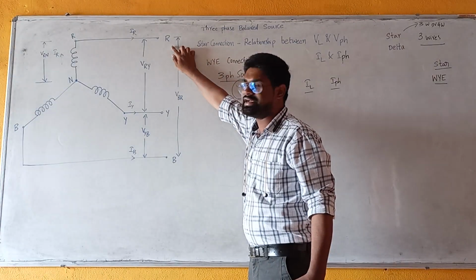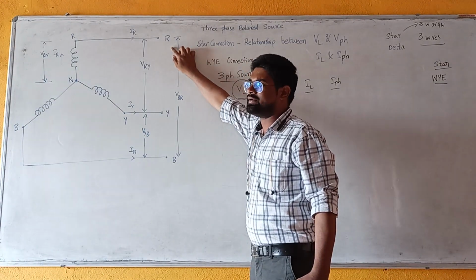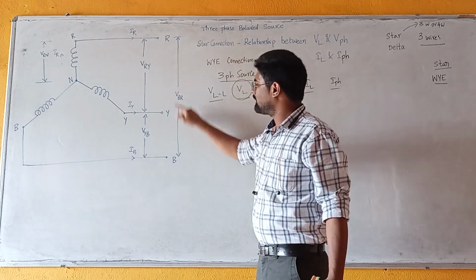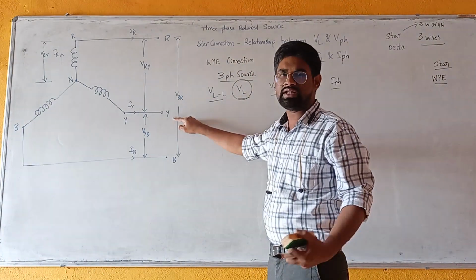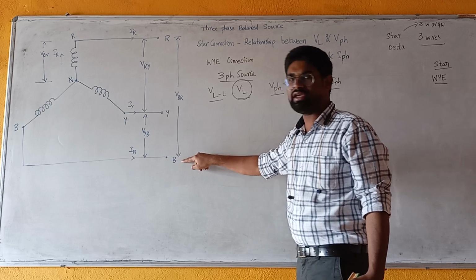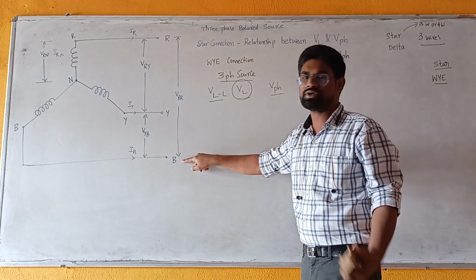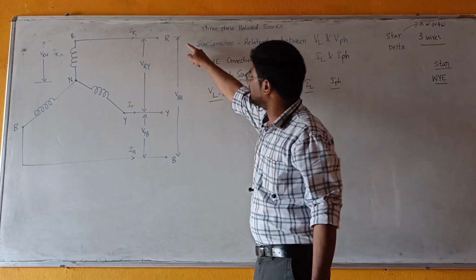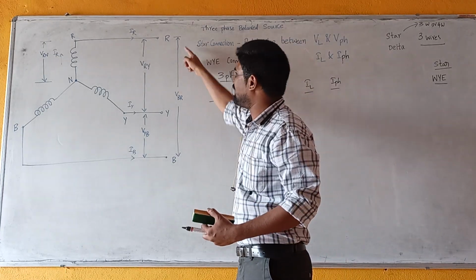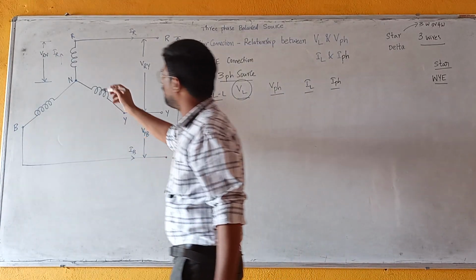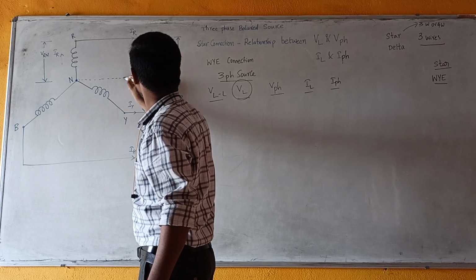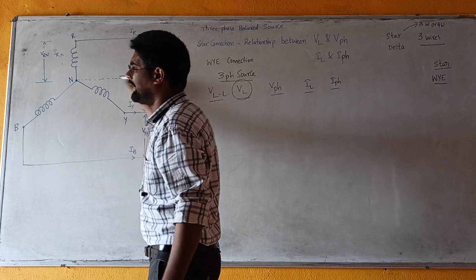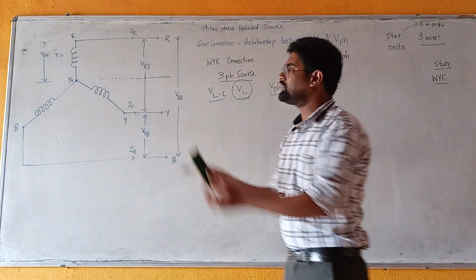R represents the red colored live wire which carries current, Y means the yellow colored wire, also a phase wire, and B means blue, which also carries current. There are three phases, three live wires, and one neutral wire. The dotted line represents the neutral wire.